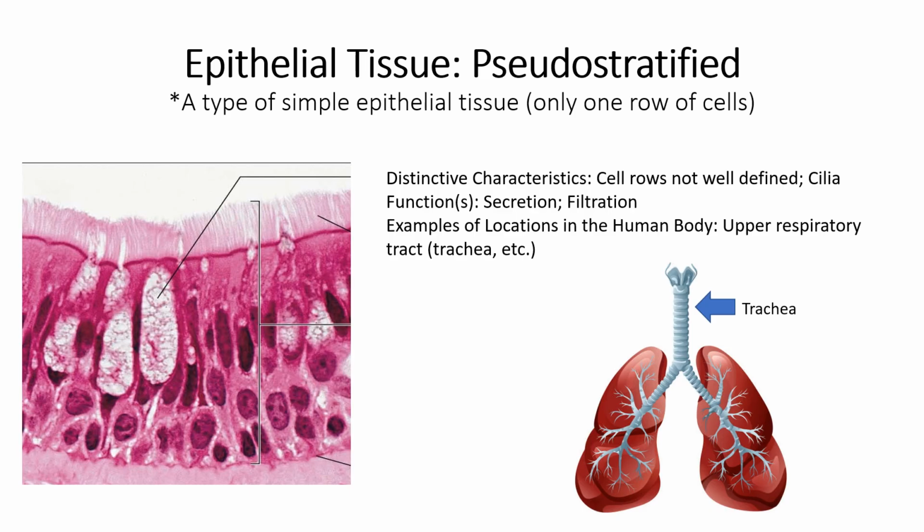With pseudostratified epithelial tissue, you get kind of columnar shaped cells, but now instead of them all being kind of uniformly arranged and having their own space, with pseudostratified, you now get those columnar shaped cells that are so tightly packed together that they are causing misshapening and misalignment of each other.